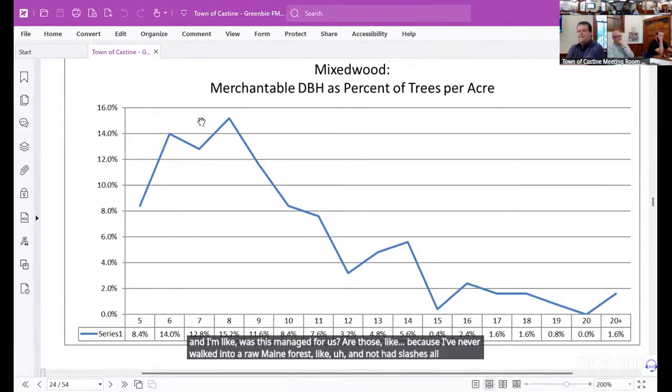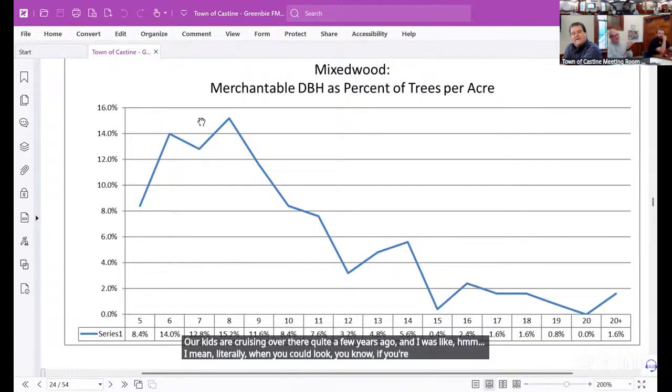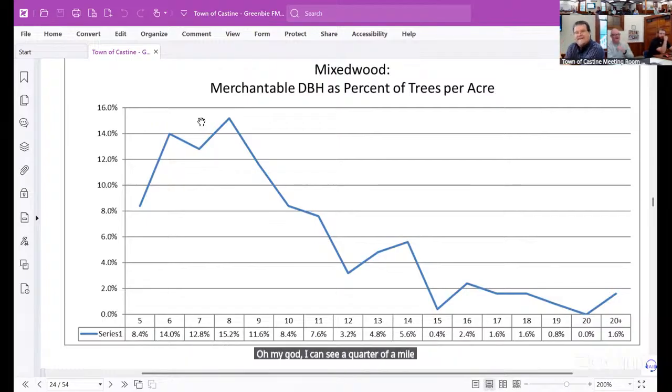That's the European model. You can get that in upper New York State in cherry heavy forest, where it closes in and makes it grass. I did some cruising over there years ago, and if you're used to Maine, you look at your compass and go, oh my God, I can see a quarter of a mile.